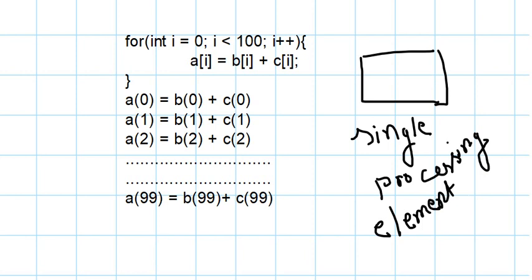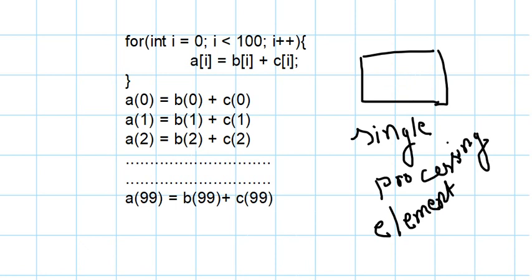What will happen? You will be able to complete this addition task in a smaller number of clock cycles. For example, if you have a single processing element, then as there are 100 addition operations, you need 100 clock cycles to complete the entire task if a single addition requires 1 clock cycle.